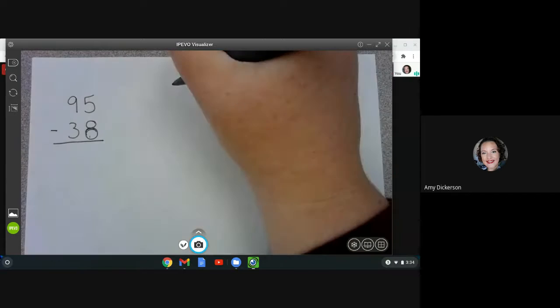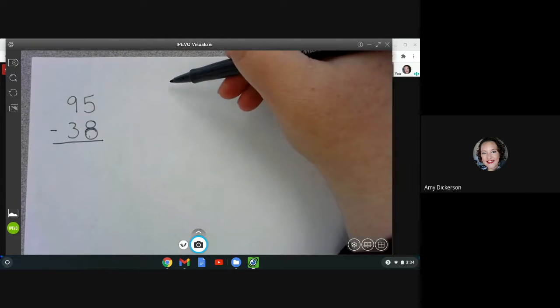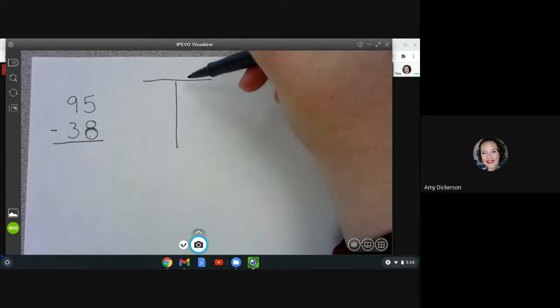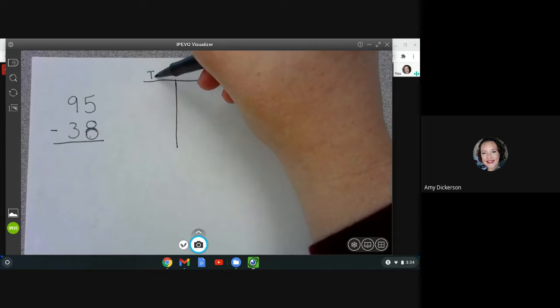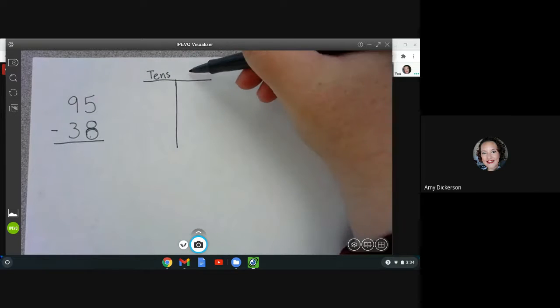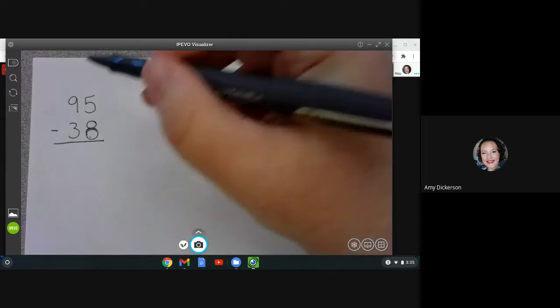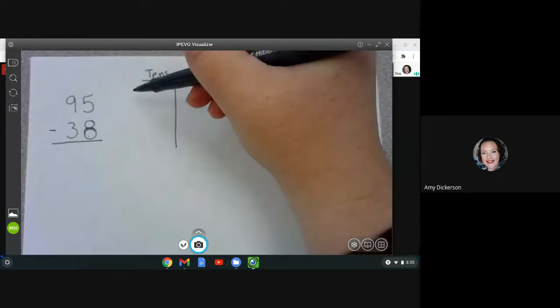So I'm going to draw our chart just like we did when we added with regrouping. And my 10s go on this side, and my ones go on this side. So I notice I have 9 10s.